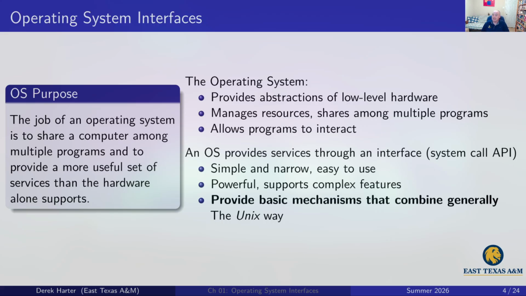If you've never thought about what an operating system does, what it is really doing is providing services through an interface, what we call the system call API, or application programming interface.